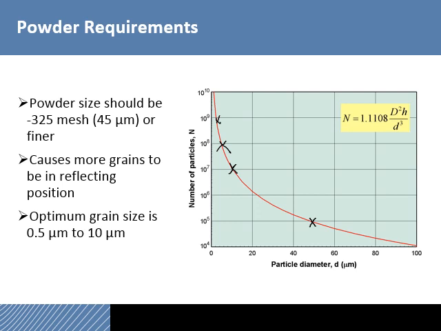By the time you get to that 1/2 micron, you're at sort of 10 to the 10 number of particles in your sample, which means more grains to actually be in the reflecting position. So it gives you a complete pattern. So hopefully, if you don't have a reason to have preferred orientation, i.e. the shape of the particles or something, you at least have enough particles that you should get a reasonable pattern out of it.